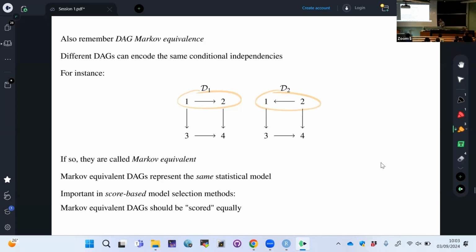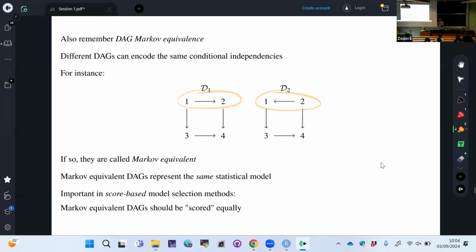This is an important aspect that we must care about in score-based model selection methods, both frequentist and Bayesian. If you want to assign a score to DAGs, you must guarantee that if two DAGs are equivalent, they have the same score. In terms of likelihood, this is trivial, since the two likelihoods are equivalent because the two statistical models are the same.